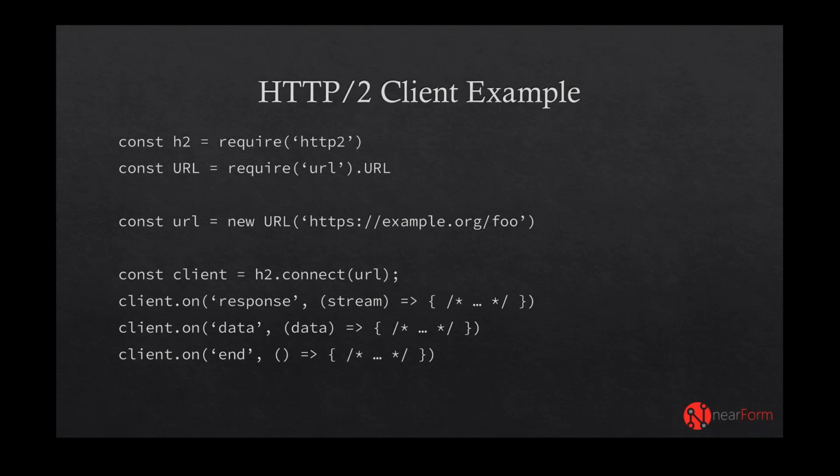The important thing to keep in mind is that with HTTP2, you do not open a connection for every URL. You open one connection per host or per origin. So in this case, the only part of that URL that connect is using is the HTTPS and the example.org portion. It's actually going to ignore the /foo.